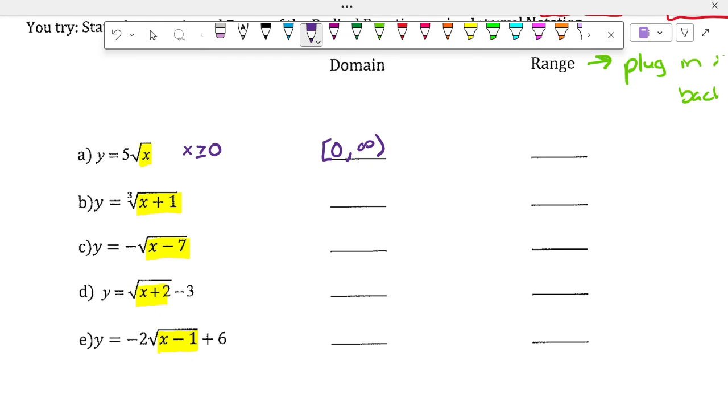Now, range. Let's go with Blake. How would I find my y value for range? Right, we plug our lowest x value back in to get our y value. So if I plug it back in, I have 5 square root of 0 is equal to y.